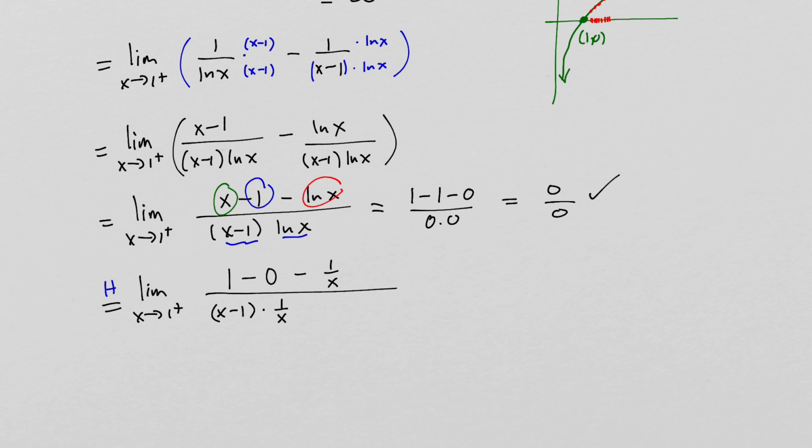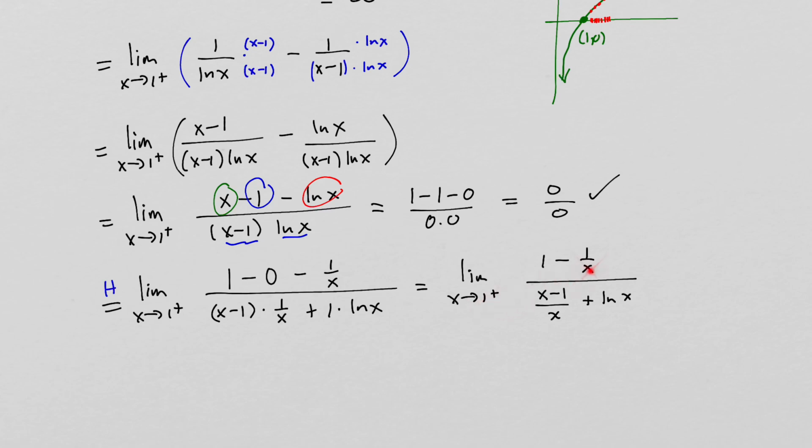So derivative of natural log of x is 1 over x. Plus, then we have the derivative of the first function, which is 1, multiplied by the second function. And if I simplify this, we have the limit as x approaches 1 from the right of 1 minus 1 over x, divided by x minus 1 over x, plus the natural log of x.